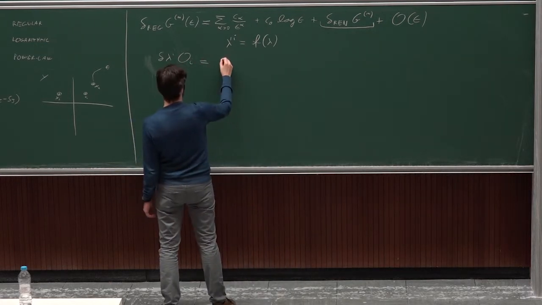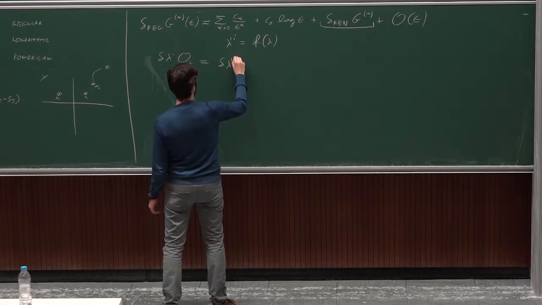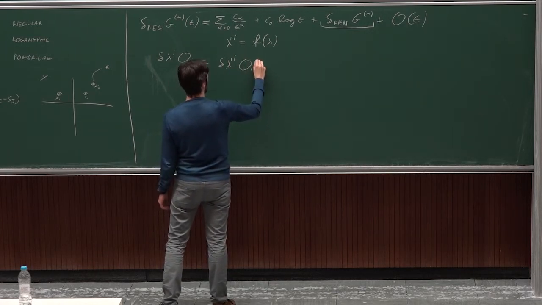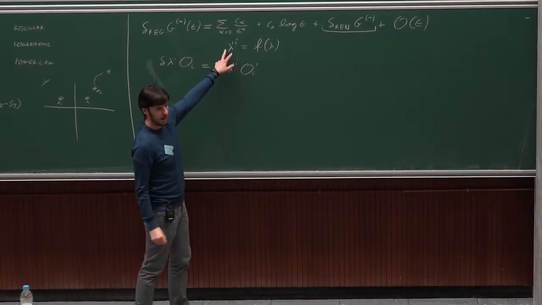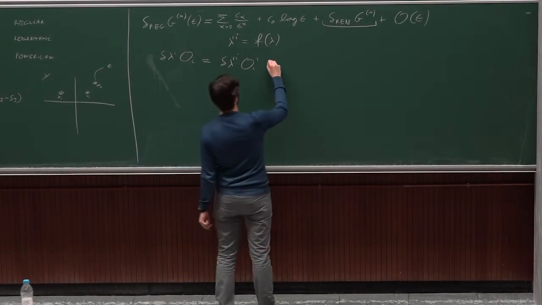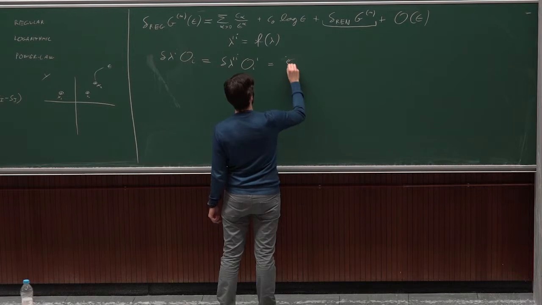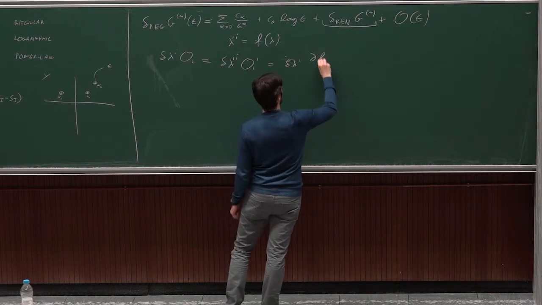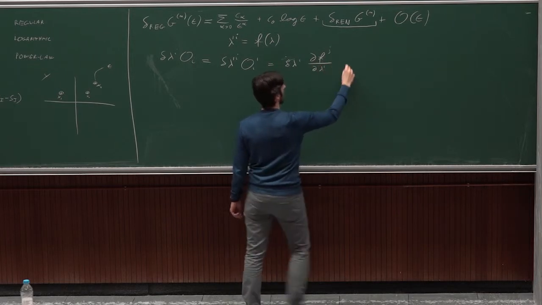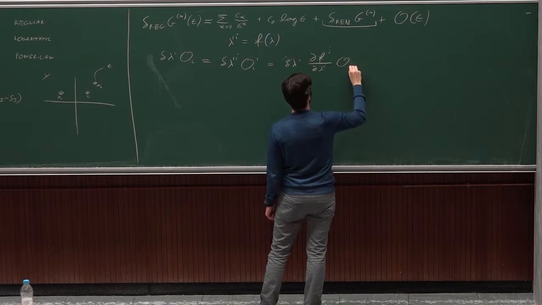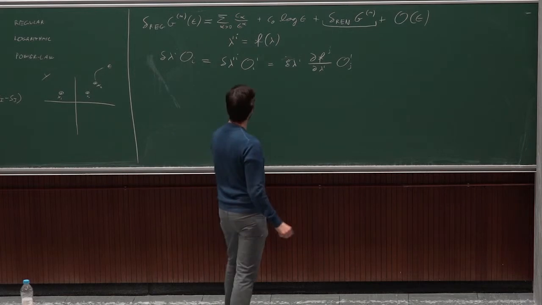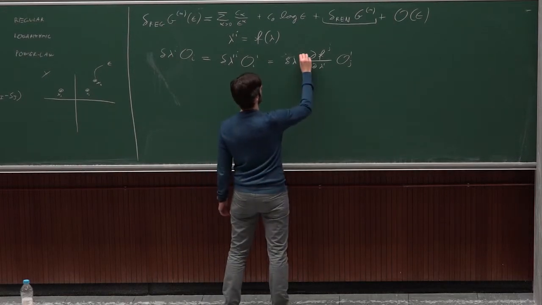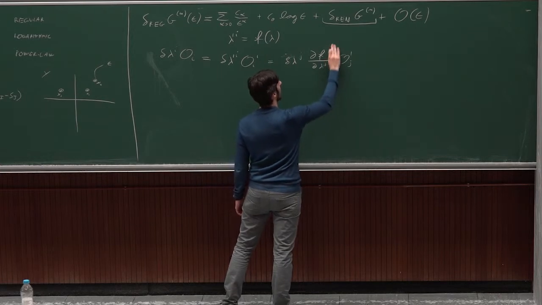Let's see what this looks like in these new coordinates. So this will be some lambda prime i with some new operators, O prime. And I can just see how the delta transforms. So this is just d lambda i over d f j, times O prime j. I screwed up the indices, so this is j, i.